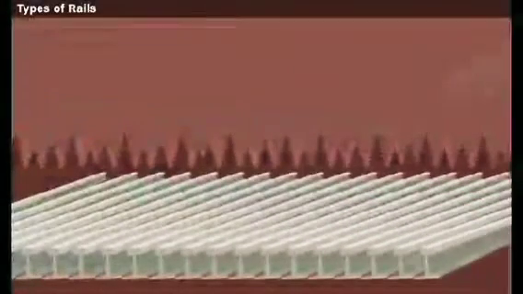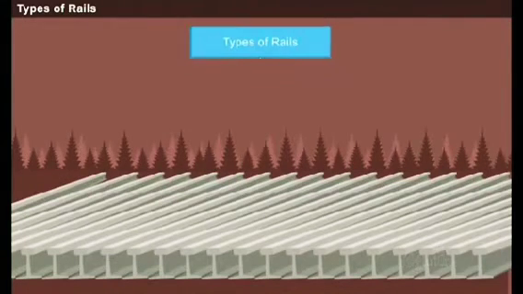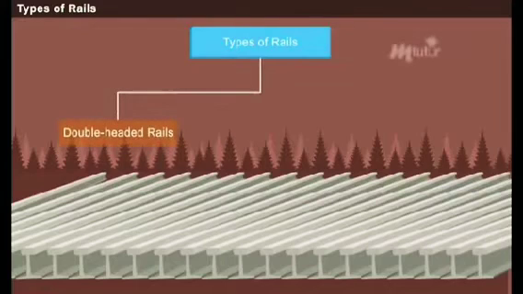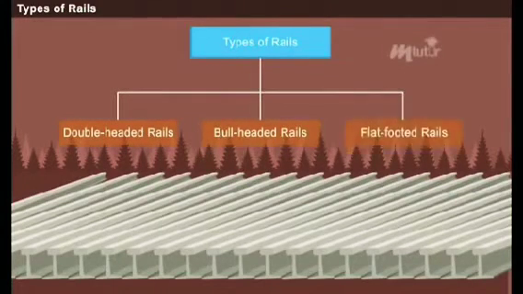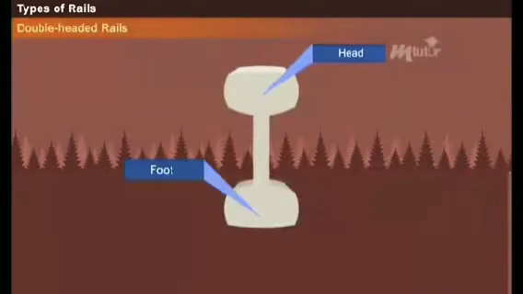Now, let's discuss the various types of rails used in the construction of railway tracks. Based on the shape, the rails are classified as double-headed rails, bull-headed rails, and flat-footed rails. The rail section whose head and foot are of the same dimension is called a double-headed or dumbbell rail.